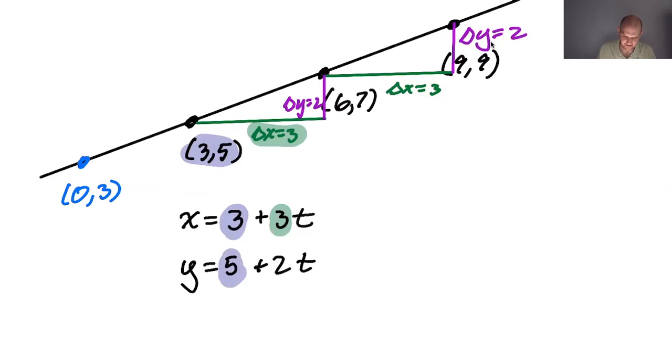So I start at 5, and then I'll be at 7, which is this, and then I'll be at 9, because I just keep adding 2. I know that if t is equal to 0.5 in this case, then, hold on, I was going to highlight something. This is this color because of our delta y.